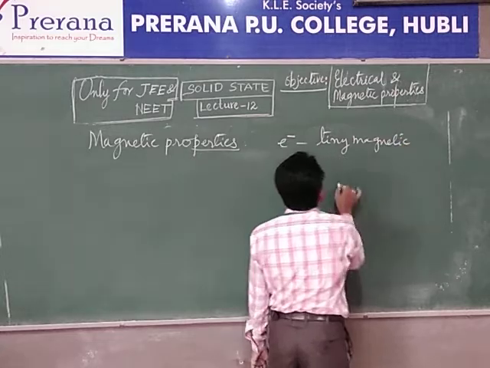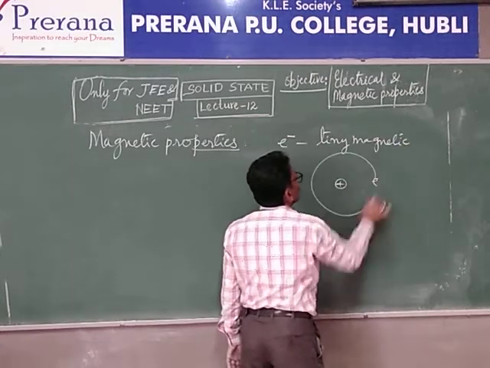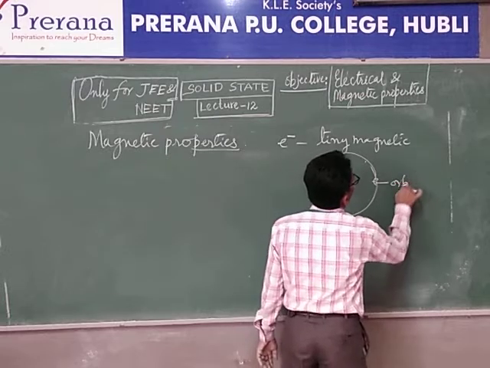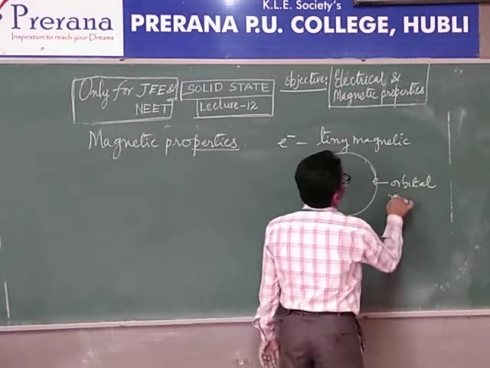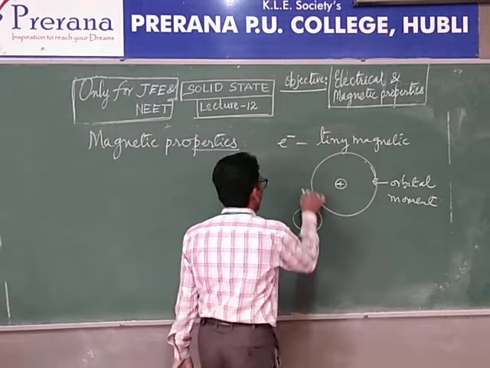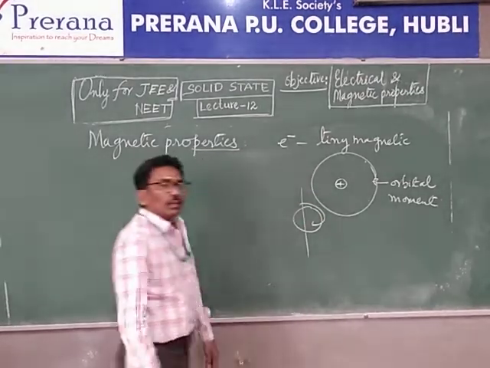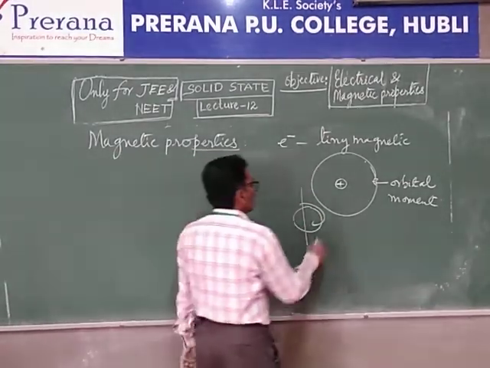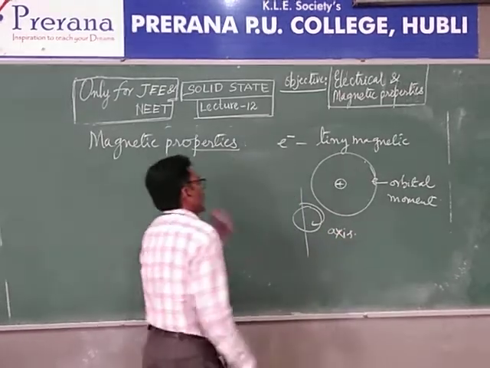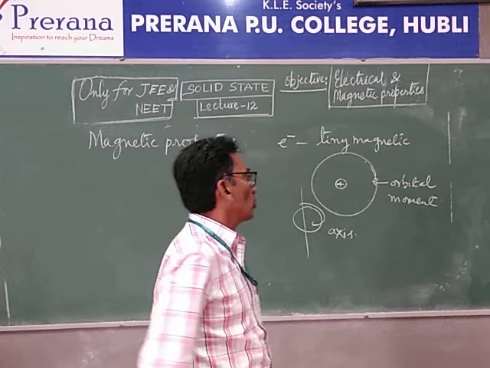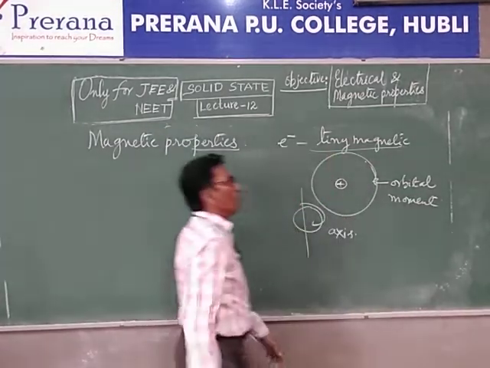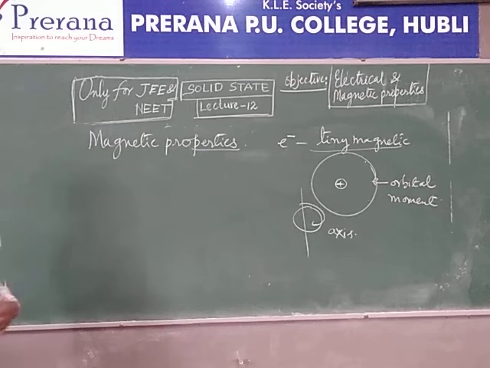Because the electron is revolving around the nucleus, which gives orbital moment, and the electron is spinning around its own axis, clockwise and anti-clockwise. Due to these motions it has magnetism. It behaves as a tiny magnet.